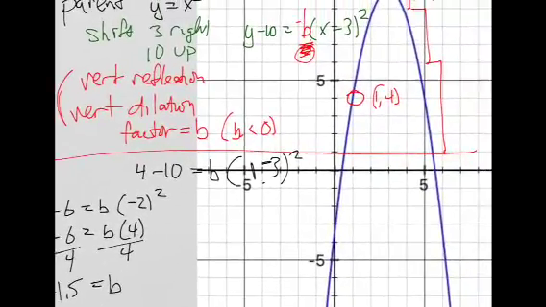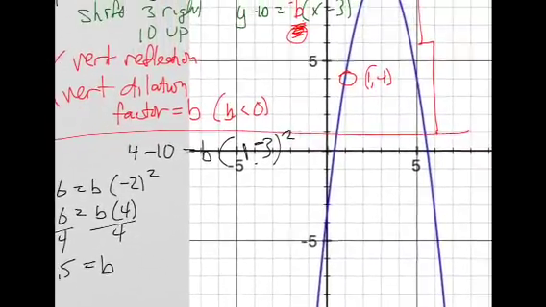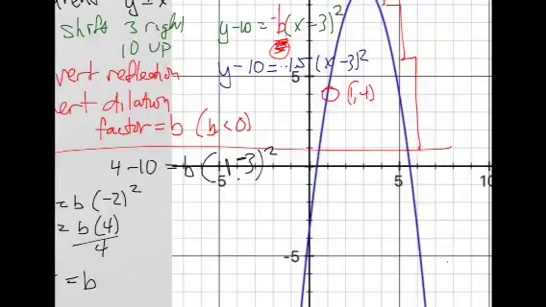So we plug that into what we have up here, and I'm going to get the equation y minus 10 equals a negative 1.5 times x minus 3 squared, or y equals negative 1.5 times x minus 3 squared plus 10. Ta-da!